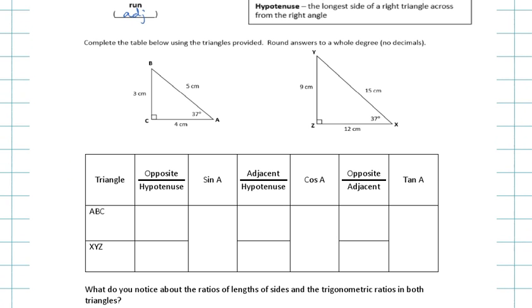The opposite is standing here, 3 centimeters. The adjacent is 4 centimeters. Hypotenuse is 5 centimeters. And why is 5 the hypotenuse? Because it's opposite to the 90 degrees. Good.